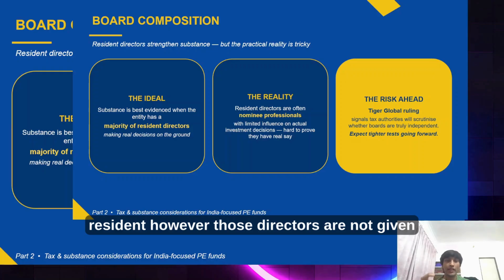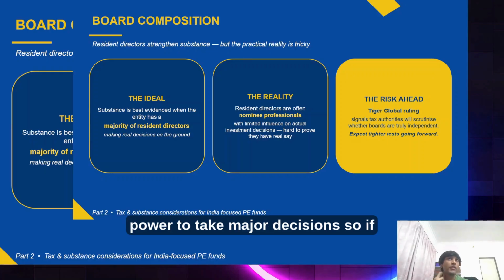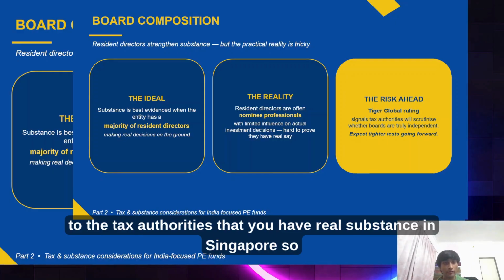However, those directors are not given power to take major decisions. So if that is challenged, there could be an issue with explaining to the tax authorities that you have real substance in Singapore.